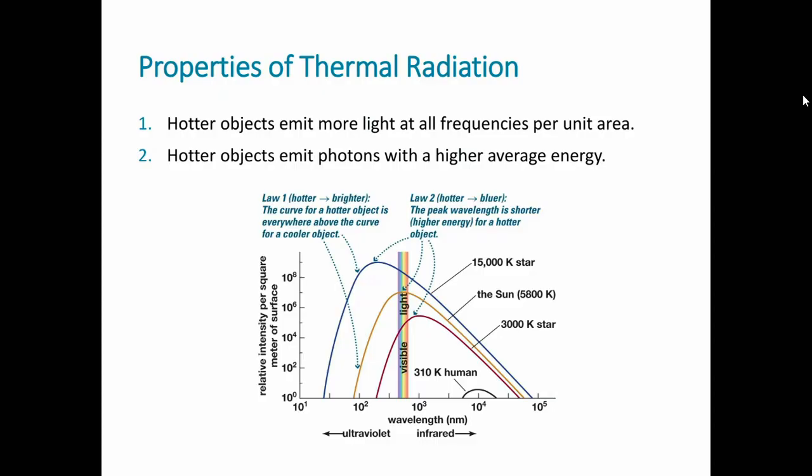So these are called black body curves, and anything that has a temperature will have a curve that looks something like this. Humans just have a very low temperature, and so we're not able to emit high energy photons like gamma rays, which is a good thing because we would all die if we did.